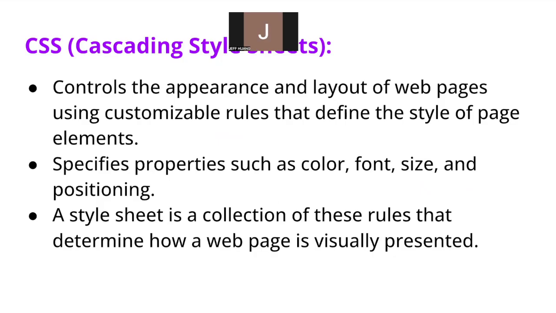It specifies properties such as color, font size, fonts, and positioning of your elements. A style sheet is a collection of rules that determine how a web page is visually presented. So basically, it just changes your HTML to make it look like what you want it to look like.